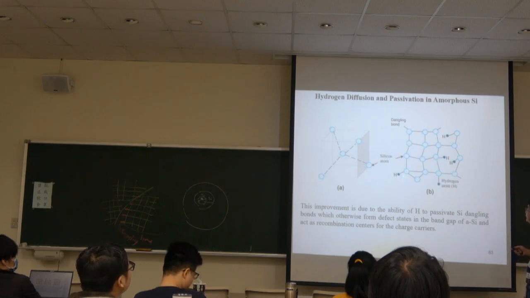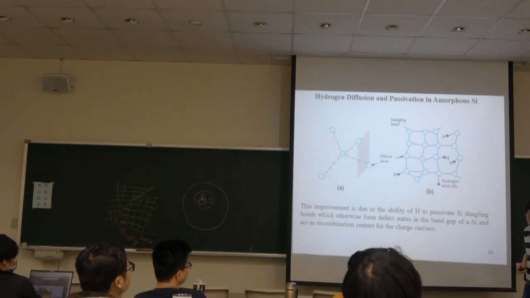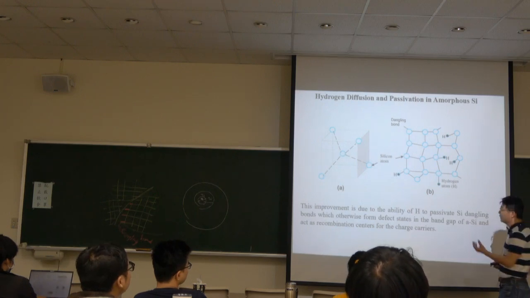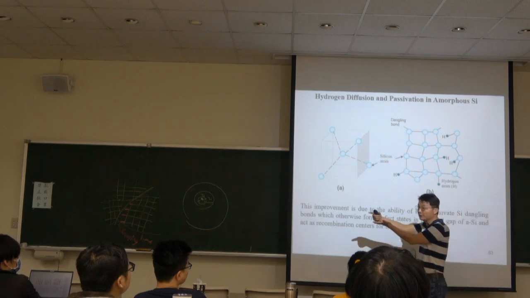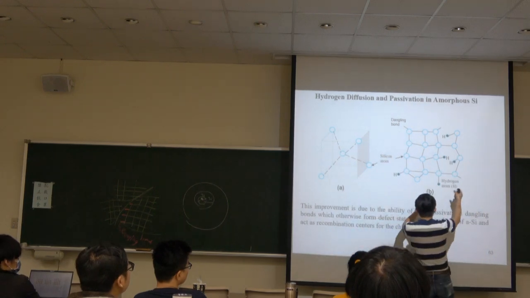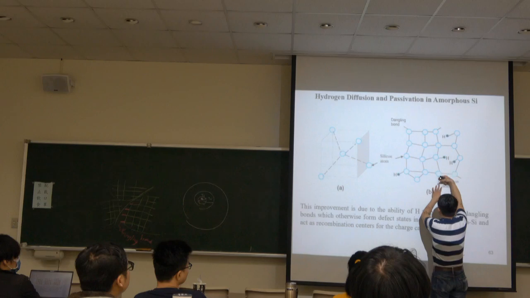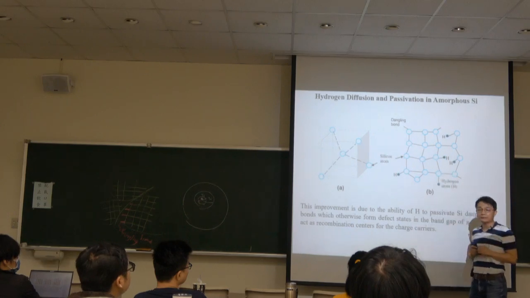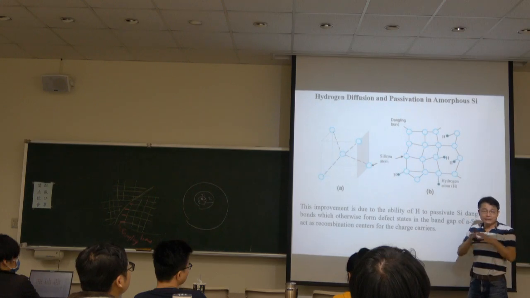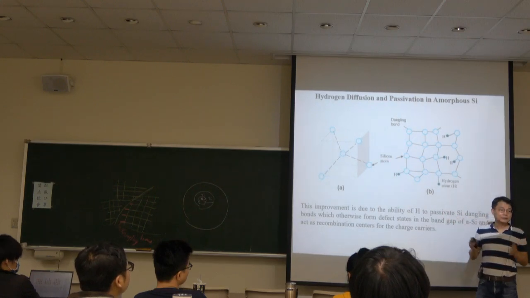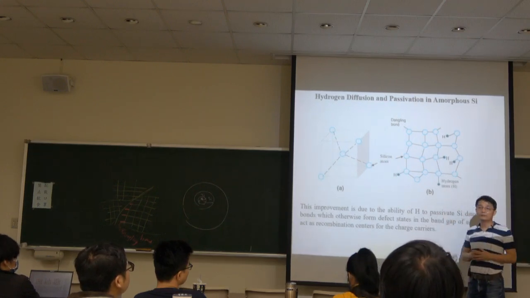You could see the hydrogen here, but the binding energy of this hydrogen is quite weak. So when this amorphous silicon is shone with light radiation, for example outdoors, there's UV light. UV light radiation has very strong power, so it will cut the hydrogen atoms, and then form a dangling bond again.